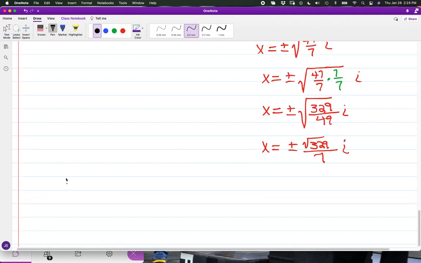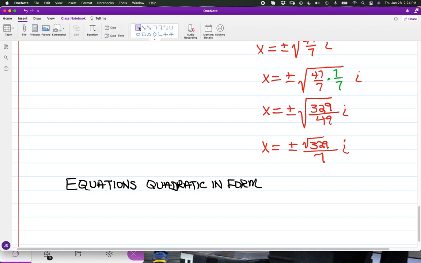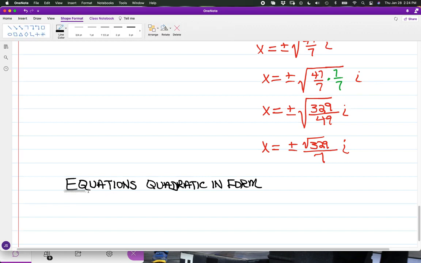Among the varieties, we'll have what will be referred to as equations quadratic in form. Not quadratic equations per se, but they will likely be of other degrees.